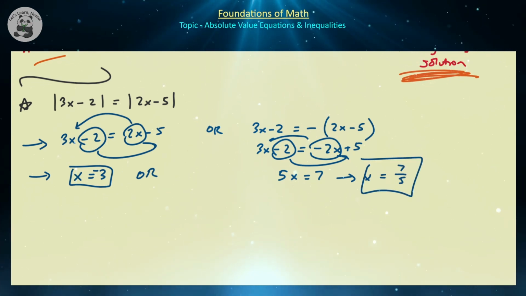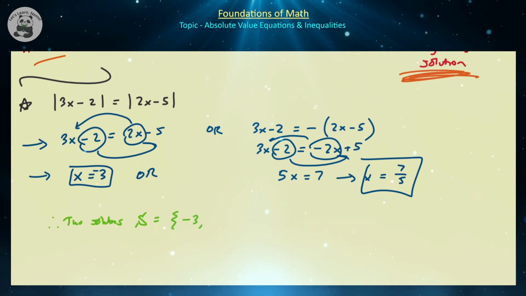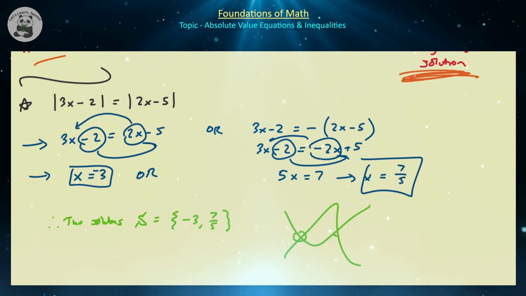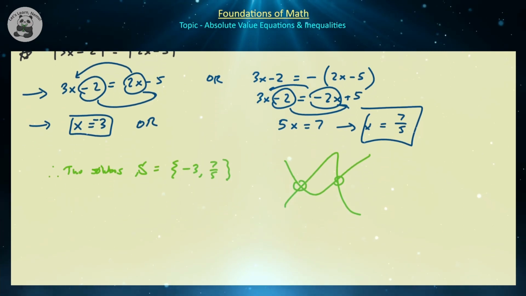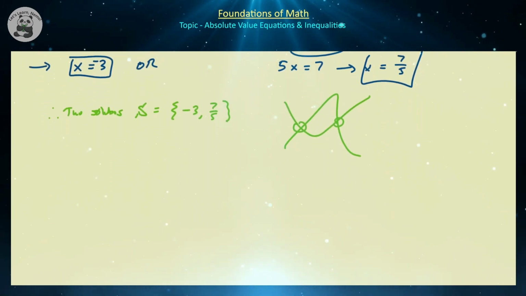So how many solutions do we have here? We're going to have two solutions. Our solution set here is going to be equal to minus 3 and 7/5. So this is one of those cases where you have something along this line in terms of graphs.